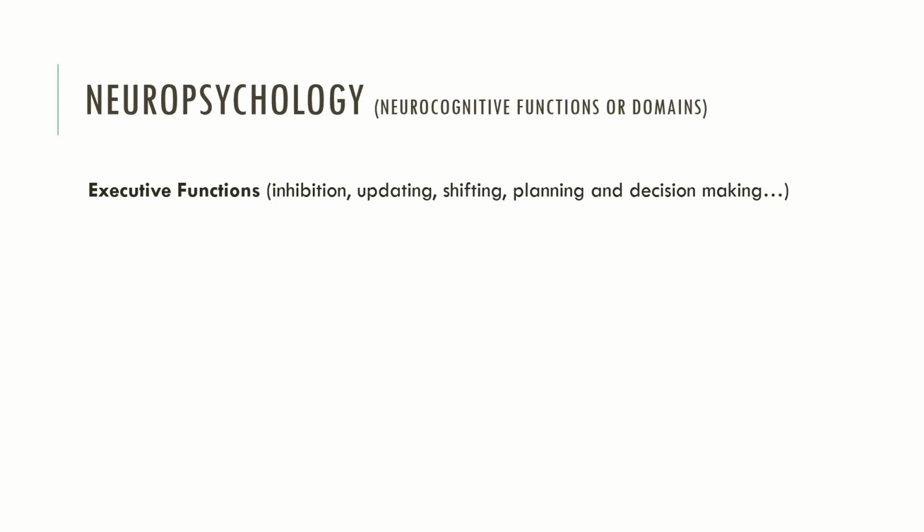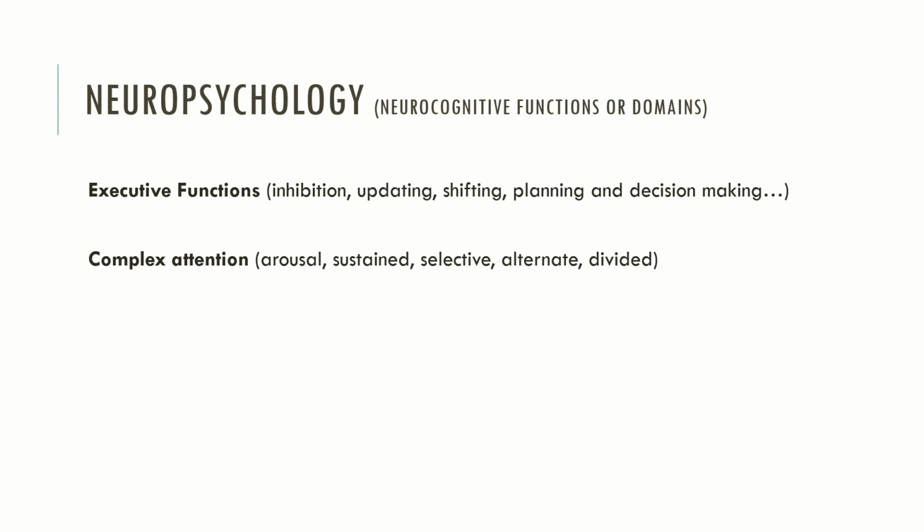Another domain is complex attention, and within this domain we can find arousal, sustained, selective, alternate and divided attention. That's why it's called complex attention, because attention is not one process but different sub-processes.